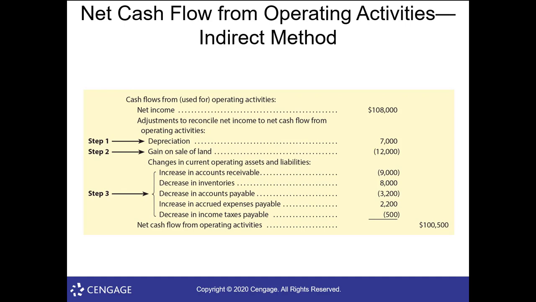Accounts receivable went up, as I indicated. An increase in accounts receivable is negative cash. Inventory went down $8,000. That's positive. The accounts payable, the accrued expenses payable, and the income taxes payable are all going to have a direct relationship. So a decrease in accounts payable of $3,200 decreases cash because you're paying more of your accounts payable.